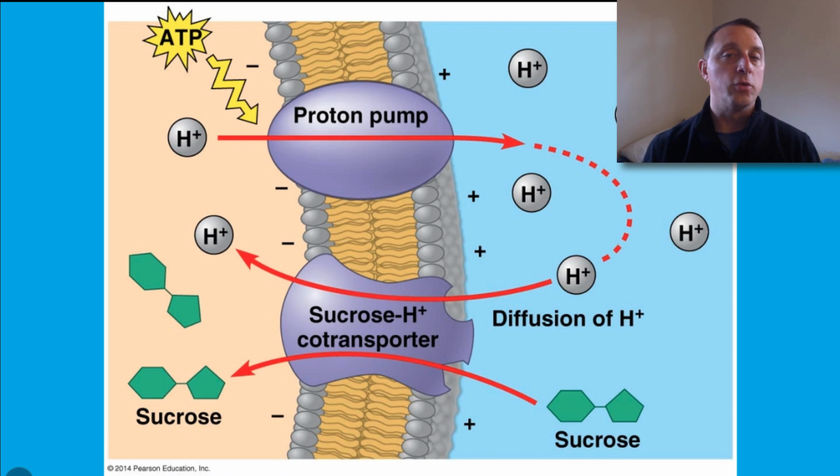Okay, so the direct use of energy here is to build up, to create this hydrogen ion gradient, and then the energy within that gradient is then used to bring sucrose into the cell along with the hydrogens coming down the gradient and releasing that energy.